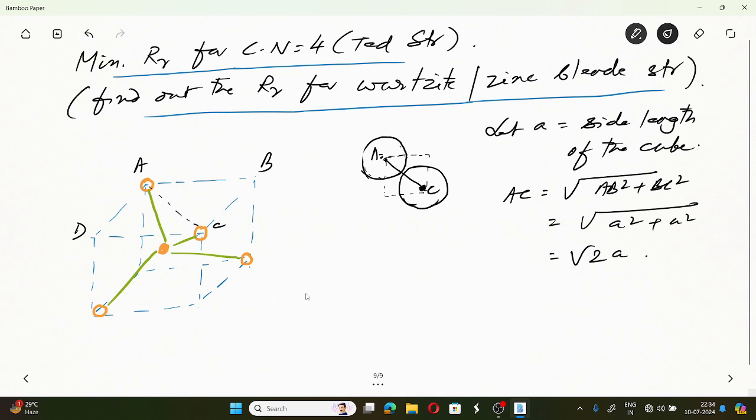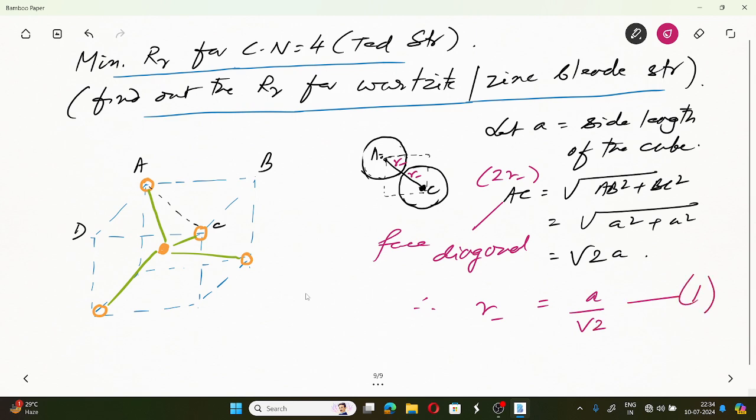And you know that this AC, this is known as face diagonal. এটা তোমরা নিশ্চয়ই জানো, ফেস ডায়াগোনাল বলে, মানে যে কোনো একটা ফেসের ডায়াগোনাল। এবং what is AC? দেখো, AC equals radius of anion, এটাও radius of anion, তার মানে AC equals twice radius of anion. So we can say that radius of anion equals A by root 2. So this is equation 1.